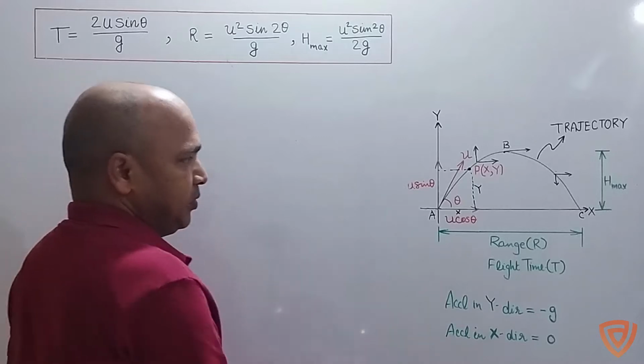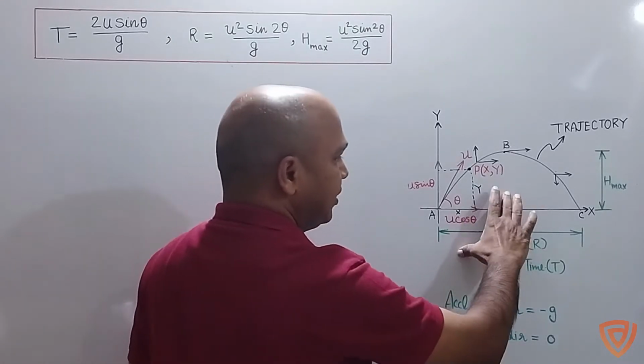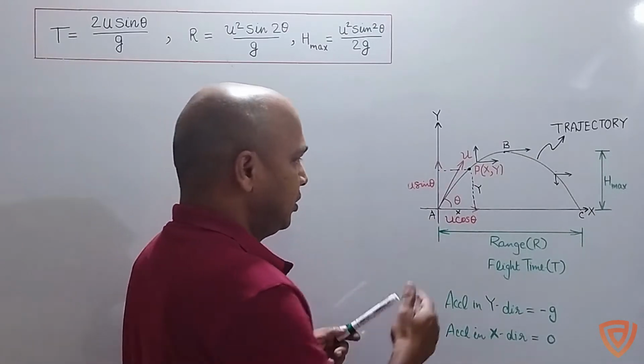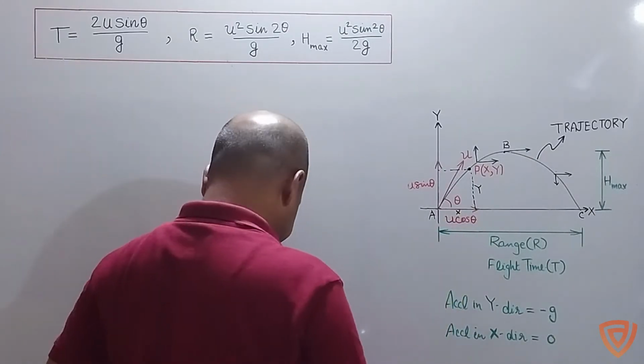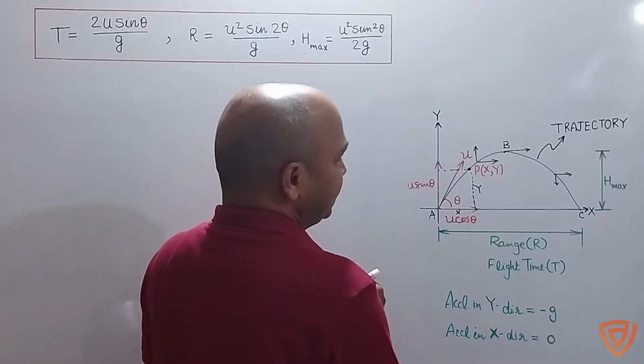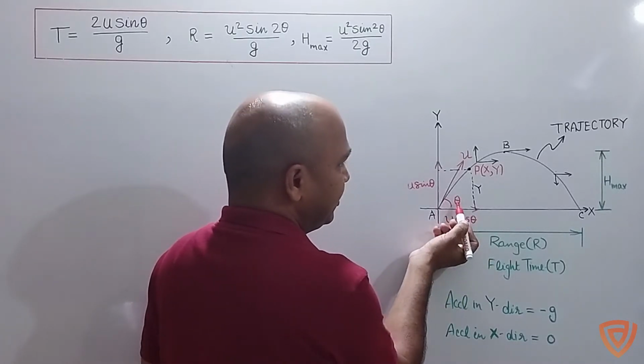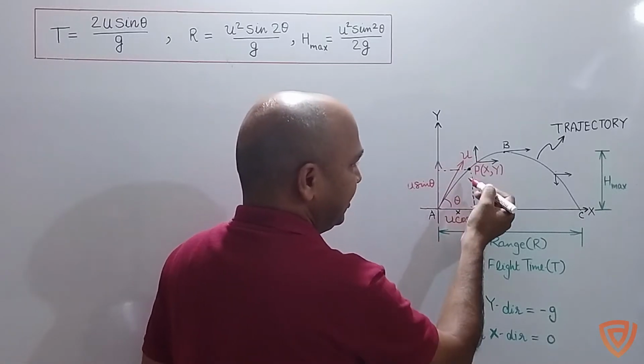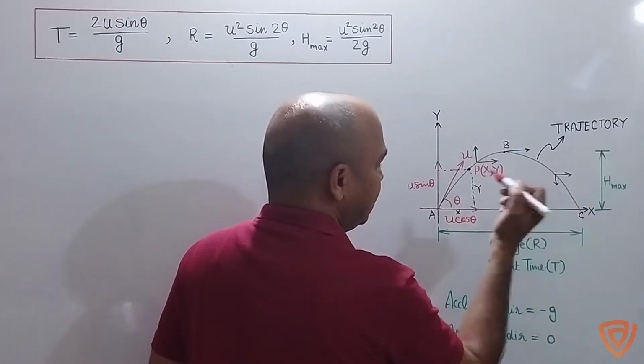So let's look at this picture which I have drawn already for better understanding and clarity. Here, what is happening? The projectile is projected at an angle theta with the initial velocity u. You can see over here this is the projection angle, and it is going like this.